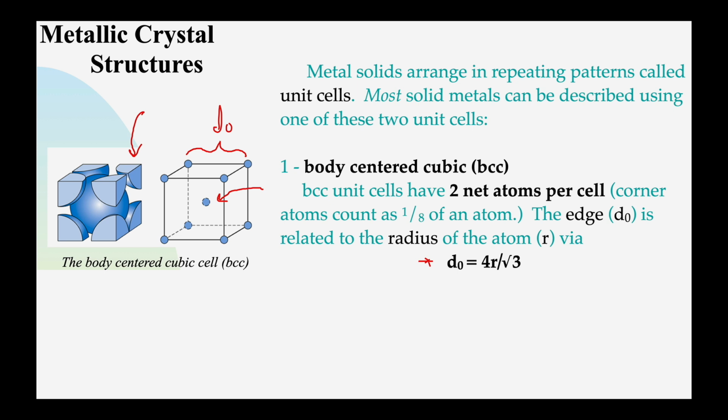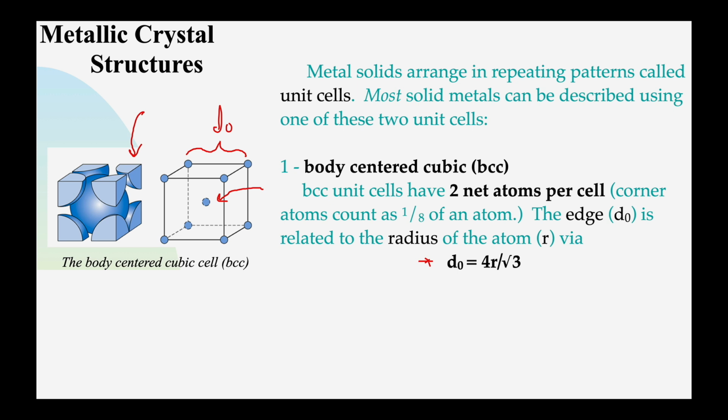Again, that relationship comes from geometry. You don't need to be too worried about it, but this is the way you can go from the radius of one of the atoms to the edge of the cell, and that's going to be really helpful to us. In BCC, we would say 2 atoms per cell, and the edge D0 equals 4R divided by the square root of 3.